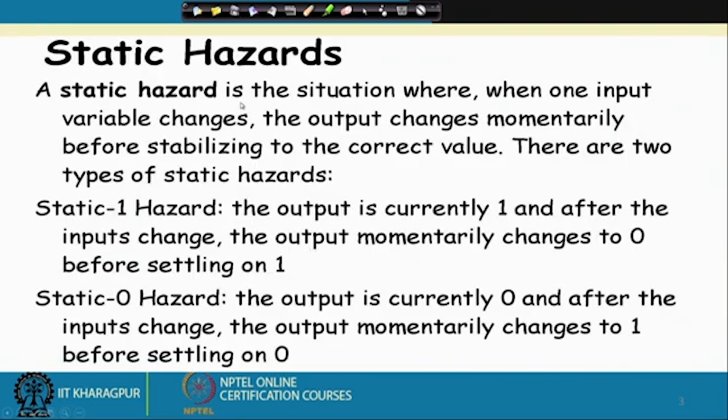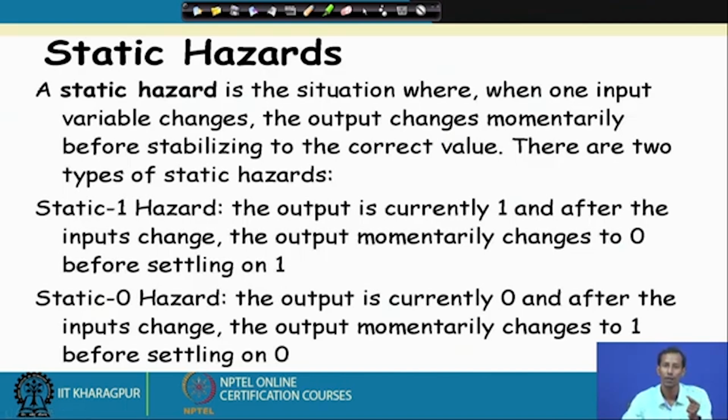A static hazard is the situation where, when one input variable changes, the output changes momentarily before stabilizing to the correct value. There are two types of static hazards: static 1 hazards and static 0 hazards. Sometimes one input changes, but the output does not stabilize directly.